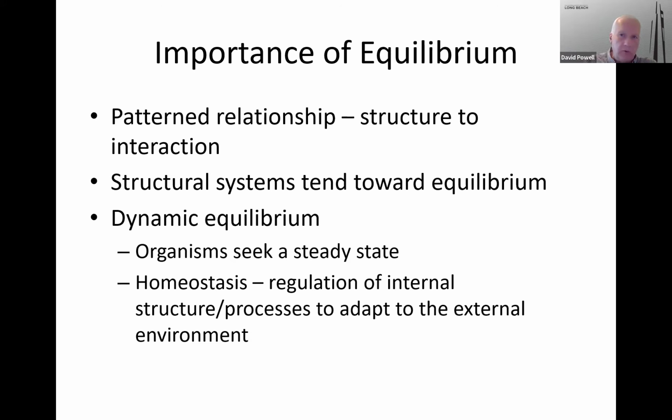But whether you're a natural systems theorist and looking internal to the organization, or an open systems theorist and looking outside the organization, this point of equilibrium, this balance point, is what's known as the point of homeostasis. So this is a point where the regulation of the internal structure and processes match well with what's going on in the external environment.